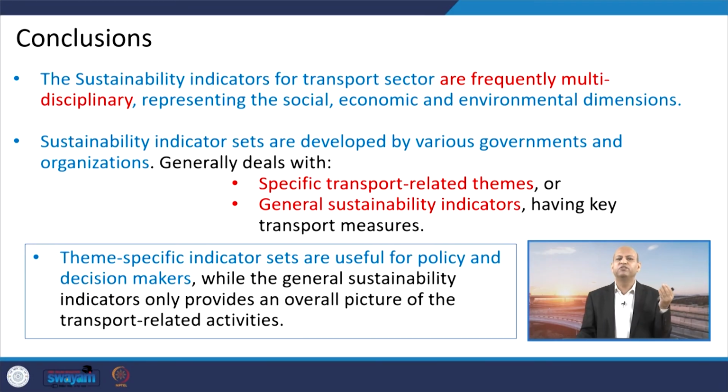These are developed by various governments, agencies and organizations, which we have seen like OECD, World Bank, etc., and they generally deal with specific transport related themes or general sustainability indicators depending upon the priority. Theme specific indicator sets are useful for policy and decision makers, while the general sustainability indicators only provide an overall picture of the transport related activities.